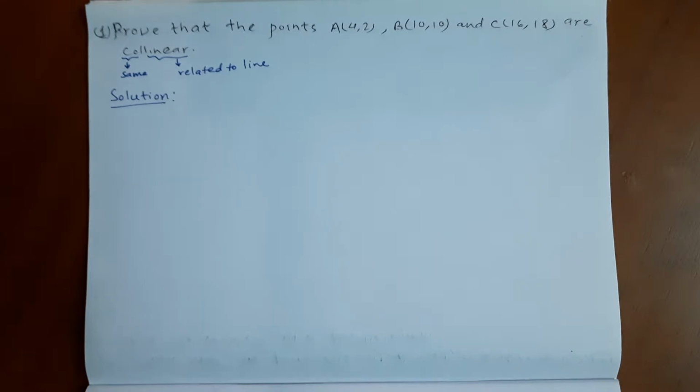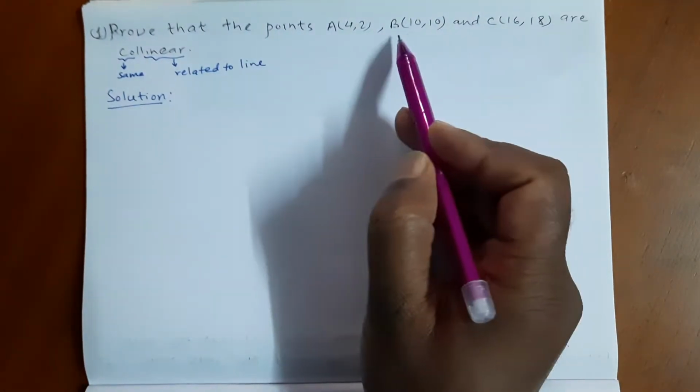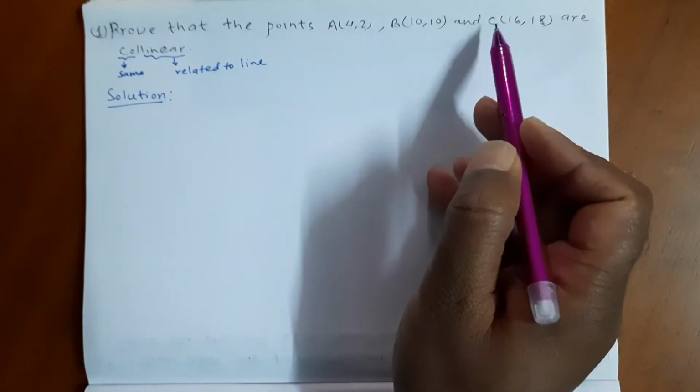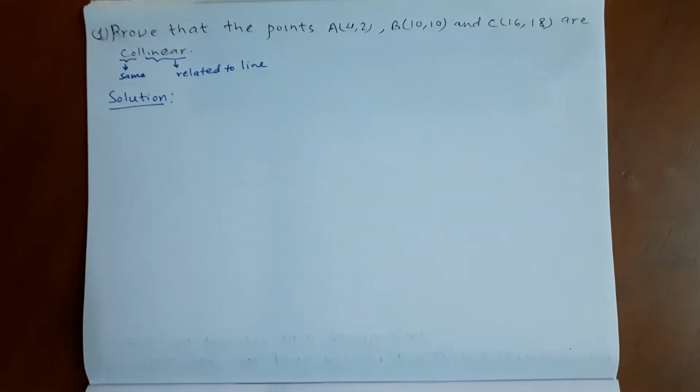Here we will find out the distances AB, BC and AC, and if any two distances add up to the third distance, then they lie on the same line.